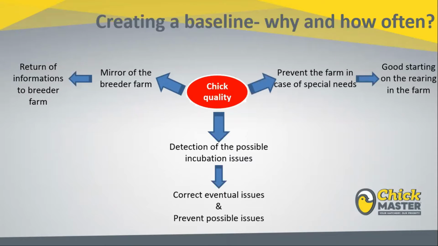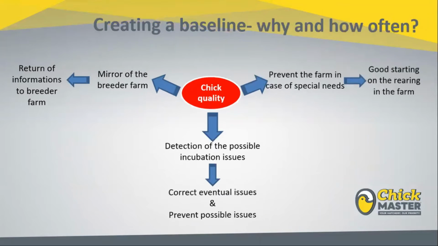The monitoring of the chick quality also helps to prepare the farm in case of special needs of chicks. So this will help the good start of the rearing in the farm.